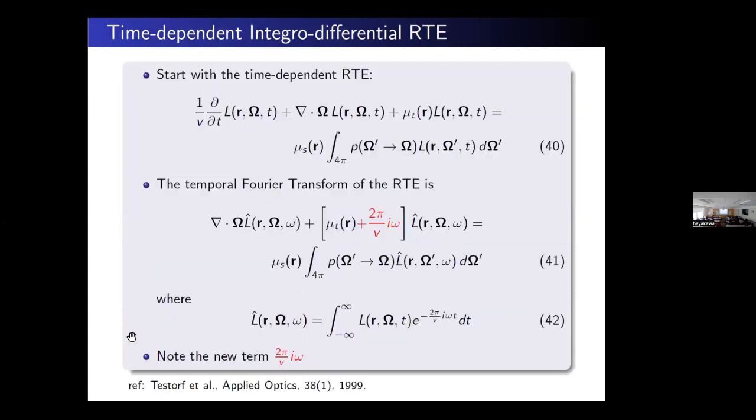Here's the time dependent equation Fourier transformed with respect to time. This is omega, the temporal frequency. I get these red terms in here. This is the velocity of light. And Testor came up with this method.